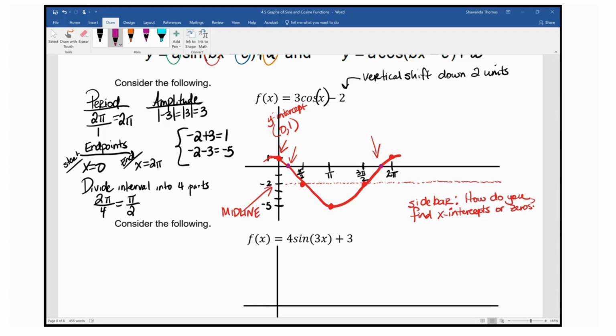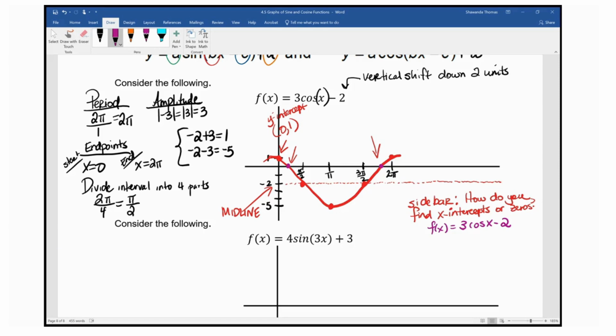Okay, if we have a function, let's say your function is 3 cosine x minus 2. How do you find x-intercepts algebraically, not graphically? Does anyone recall how? Set the function equal to 0, or set y to 0.